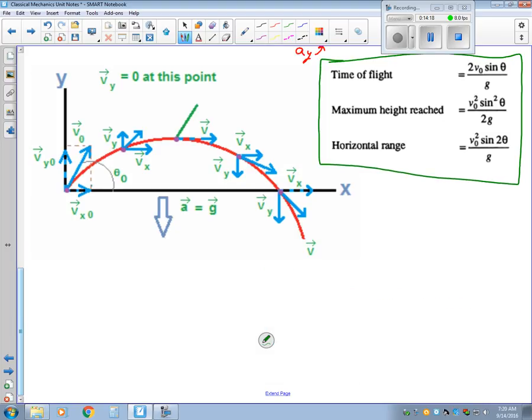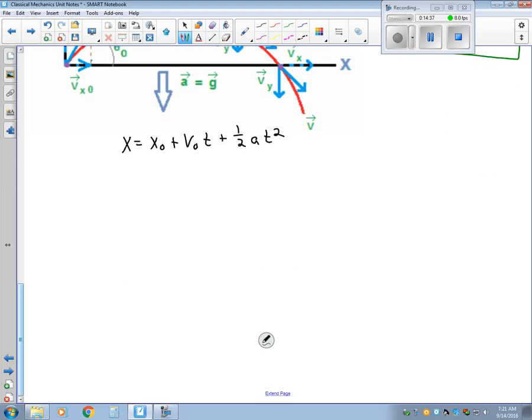And really, those 3 equations all come from this one. So, looking at this equation here, on the x-axis, since the acceleration is 0 on the x-axis, that's what we get for the x-axis.